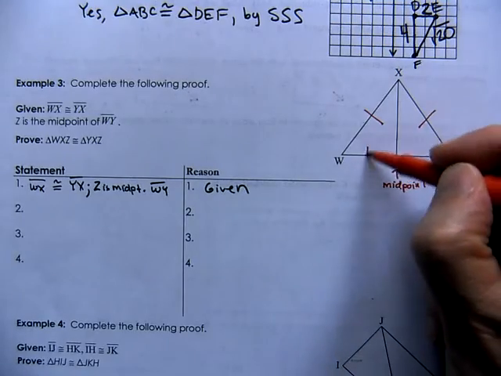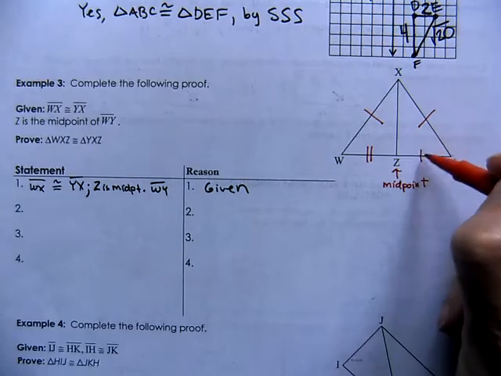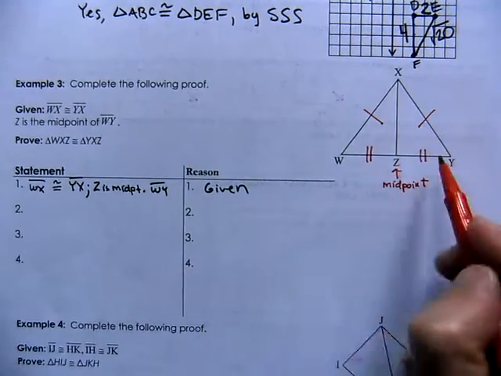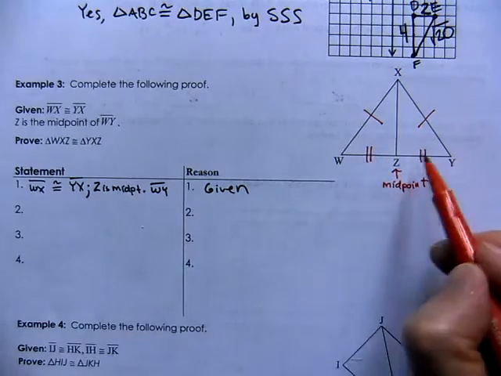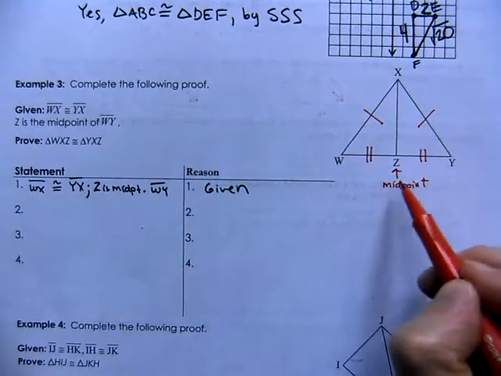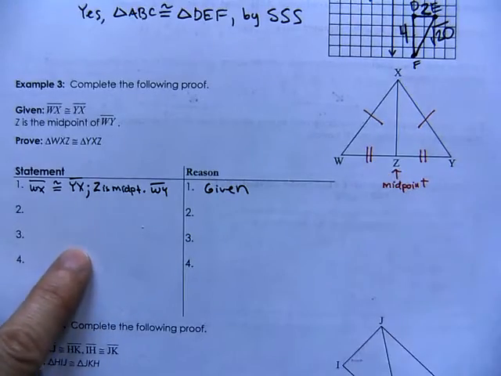That means from W to Z, and then from Y to Z are 2 congruent halves, with Z smack dab in the middle. Because we knew we had a midpoint, I've marked it, and now I have to name it in the proof.